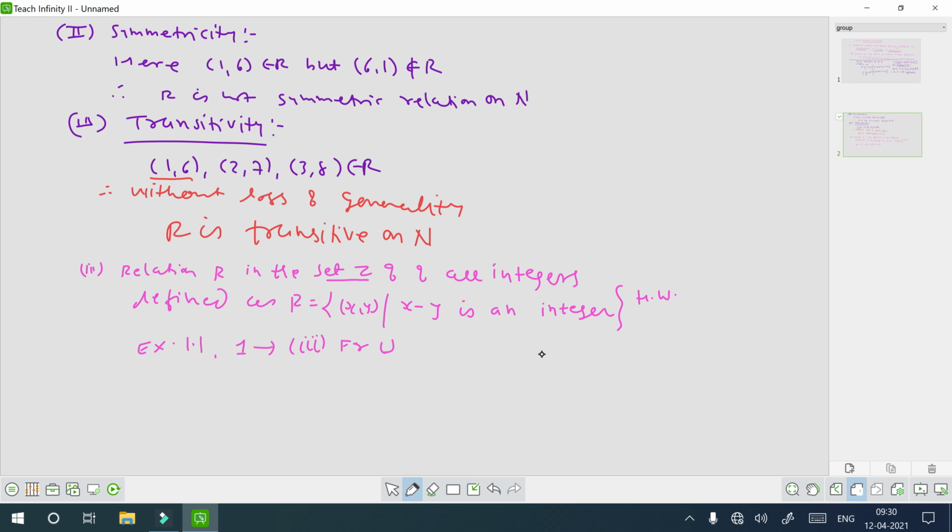I would like to take one more example based on this one. Relation R in the set Z of all integers defined as R is equal to the ordered pair (x, y) such that x minus y is divisible by 5.